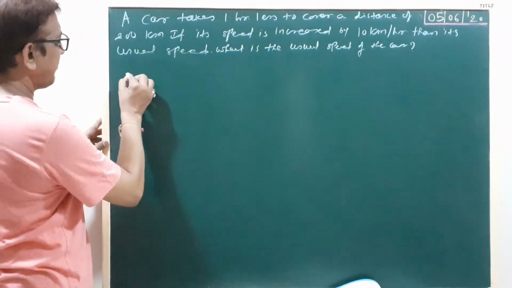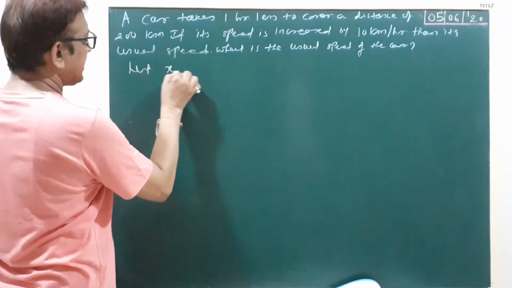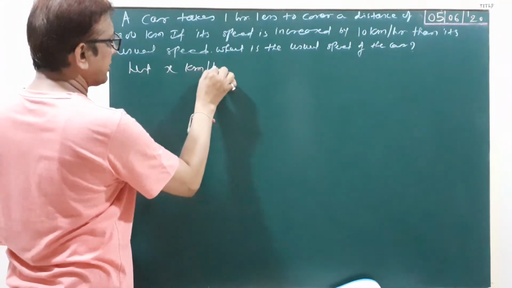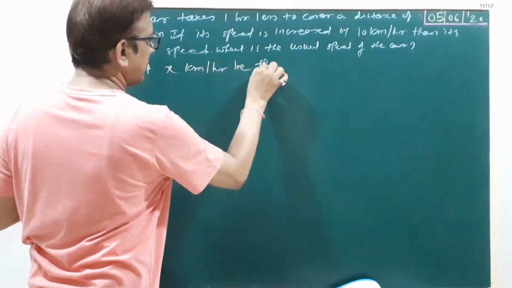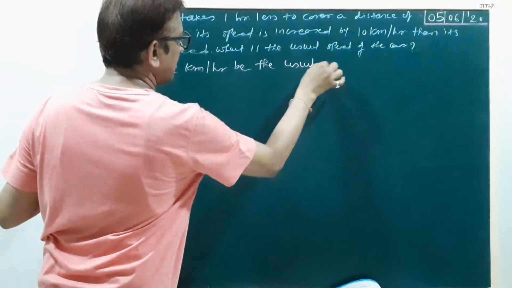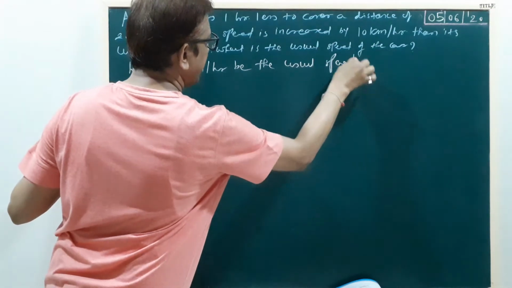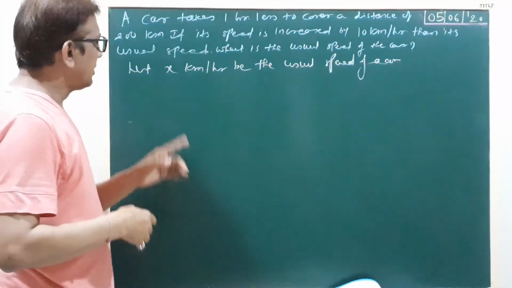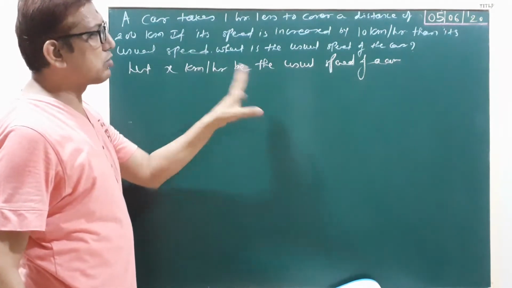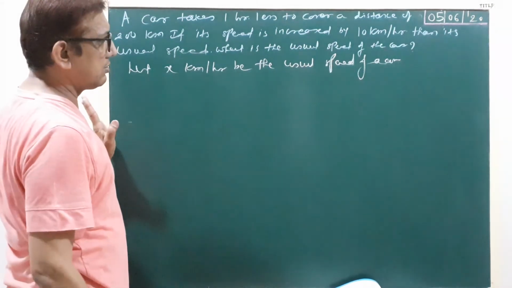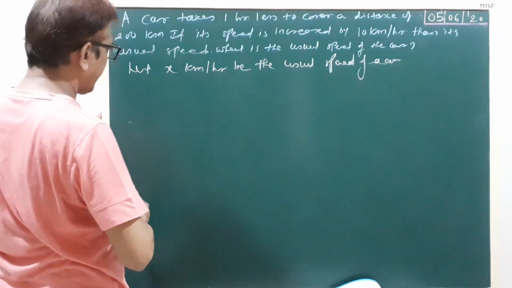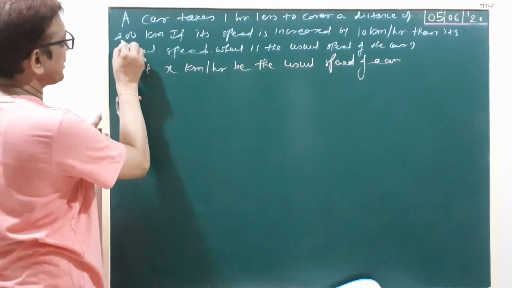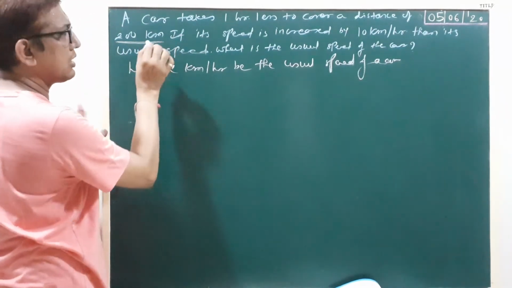Again we suppose, let x kilometer per hour be the usual speed of the car. Is that clear? Now here the total distance is 200 km.